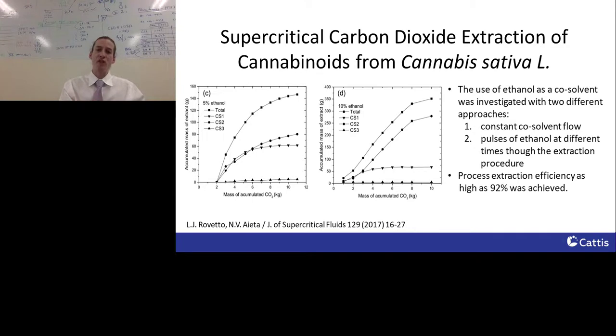And the second strategy was a pulse strategy of ethanol, where they will pulse X amount of ethanol at various stages of the extraction. And what they concluded is a pulse strategy is more effective than a constant flow. And with the pulse flow strategy, they were obtaining extraction efficiencies of 92% and higher.